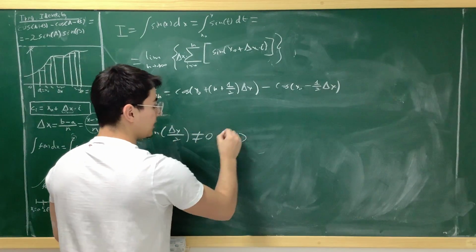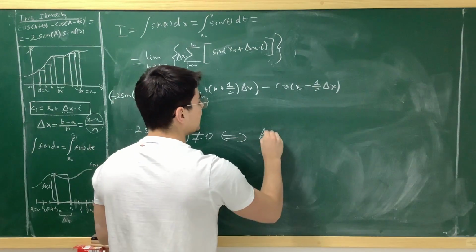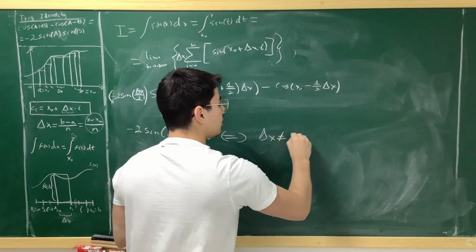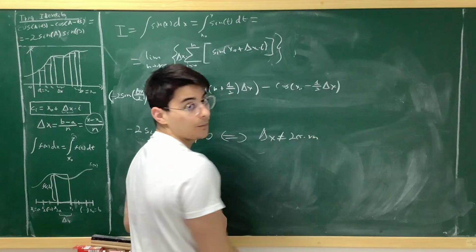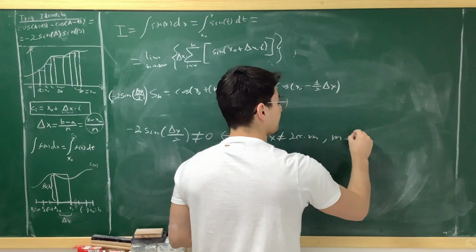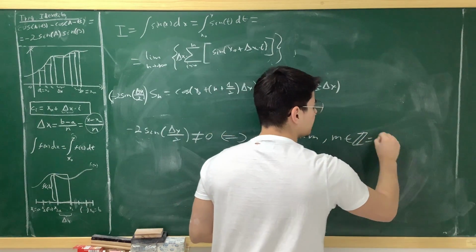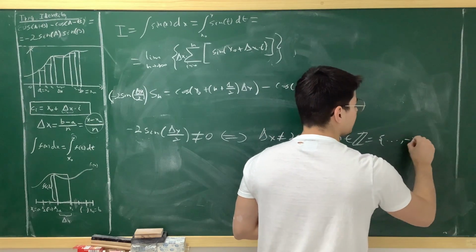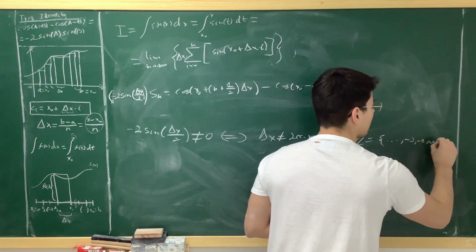And this can only happen if delta x is not an integer multiple of 2 pi, which is just the set of minus 2, minus 1, 0, 1, 2.